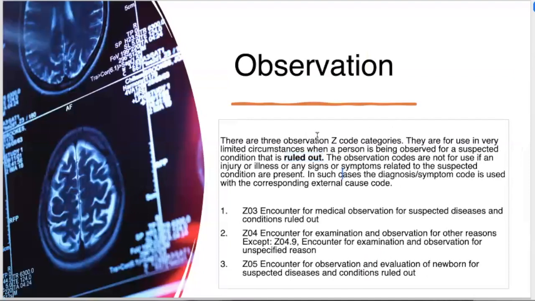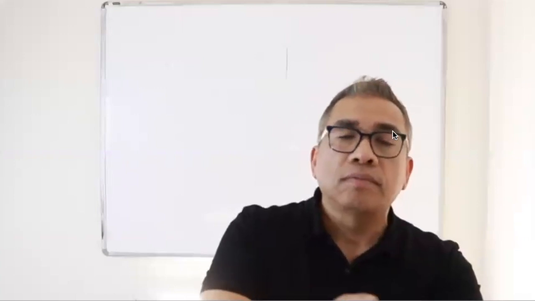This observation code is rarely used because the observation codes are not for use if an injury, illness, or any signs or symptoms related to the suspected condition are present. Meaning that you only use these observation codes if the suspected condition is proven not present. Do you understand what I just explained?